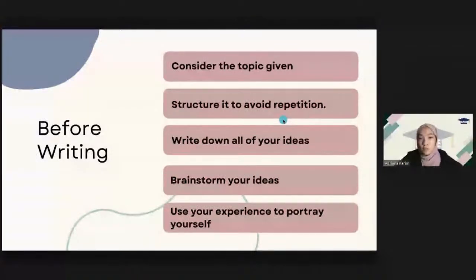Okay, as we go on to the next part, which is to write down all of your ideas. This part is really helpful and useful as you write your essay. What I did during my essay writing was I took a piece of paper and drew a stickman version of myself, and then I divided the paper into two parts.